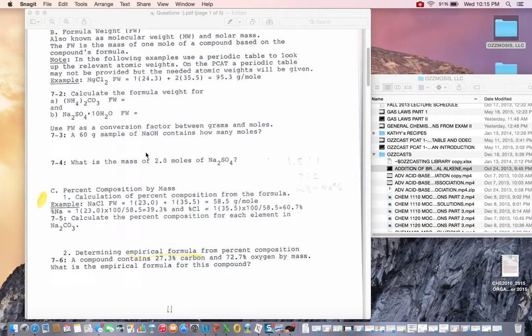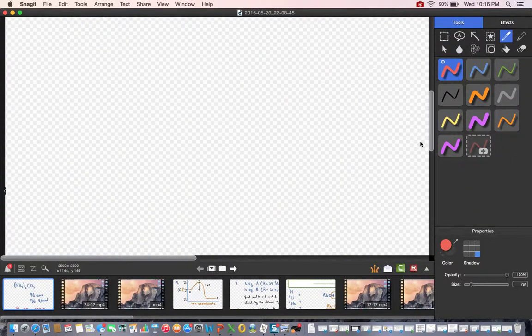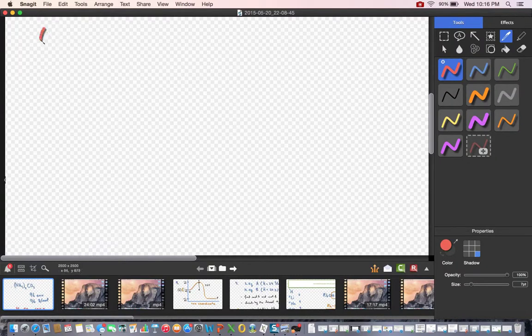Now let's look at doing a simple gram to mole conversion, or a mole to gram conversion, and we'll use the formula weight as an essential conversion factor. So 60 grams of NaOH contains how many moles? We start with what we know. We have 60 grams of NaOH.